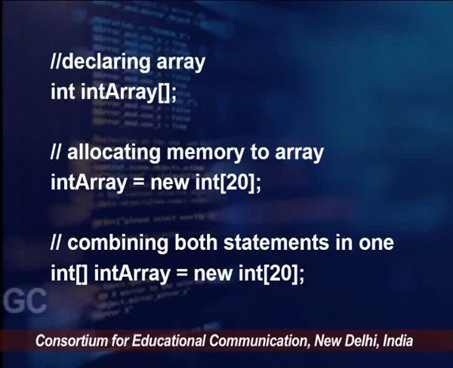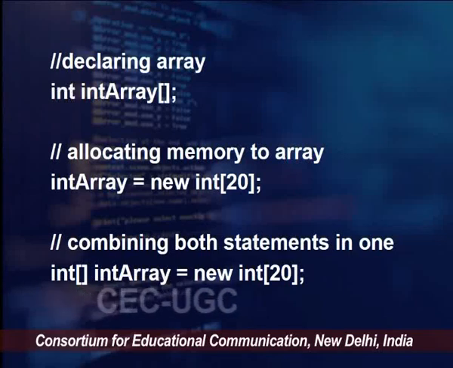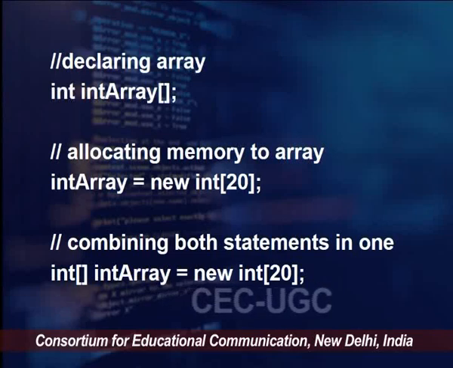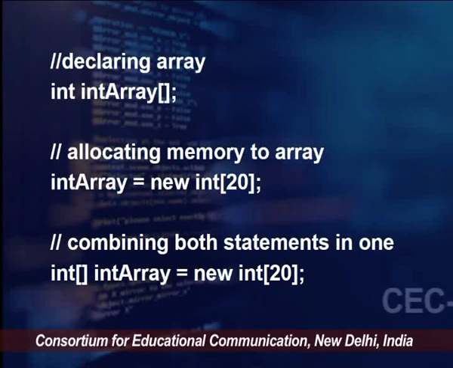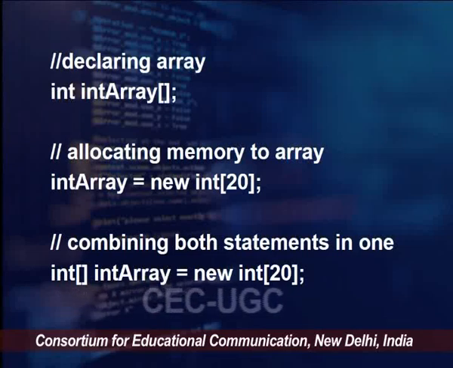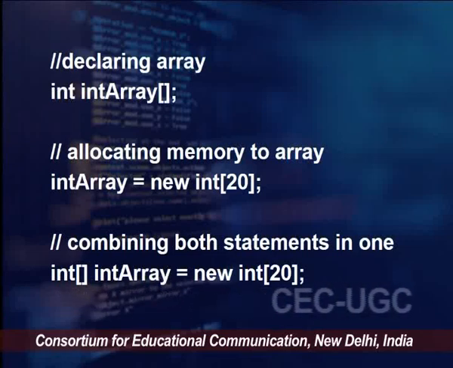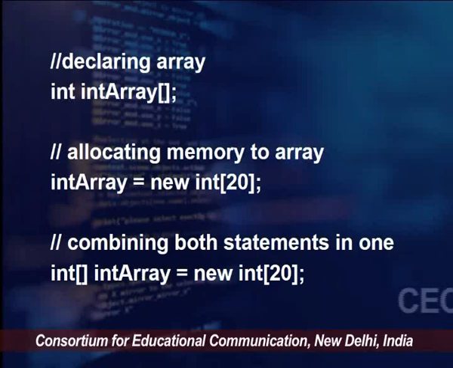Then when I am talking about allocation of memory to this particular int array according to the size which we are going to define, that is known as memory allocation to array, and that memory allocation is happening with the help of the keyword new. So, int array is equal to new int 20.